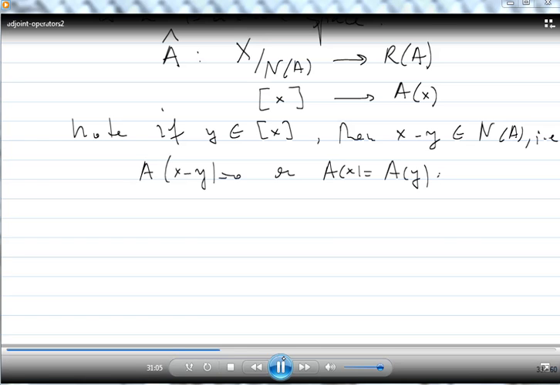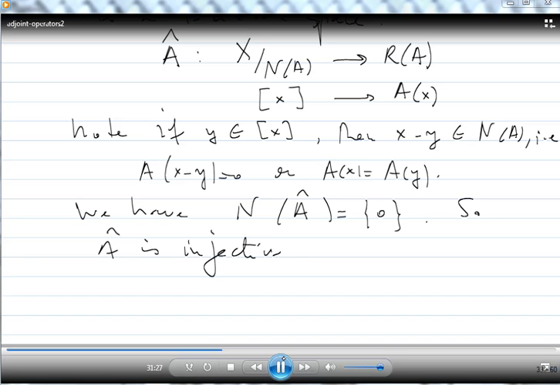And what's interesting, we have done this before, so I'm not going to do it here. We have that the null space of A hat is 0, the zero in the quotient space, which is, by the way, N of A. So A hat is injective.